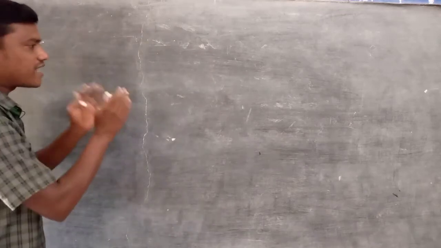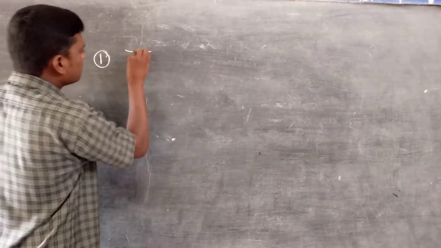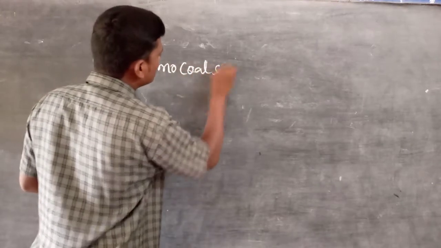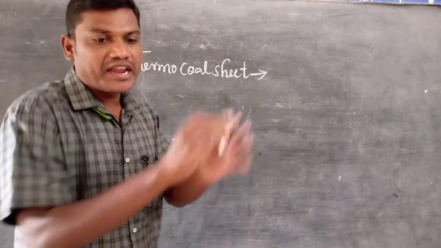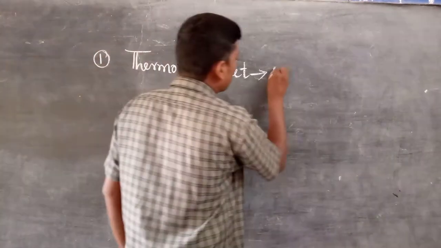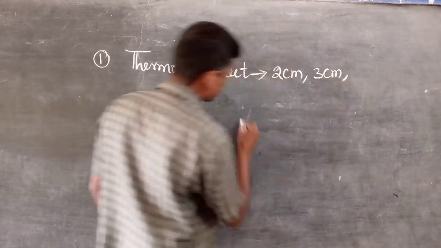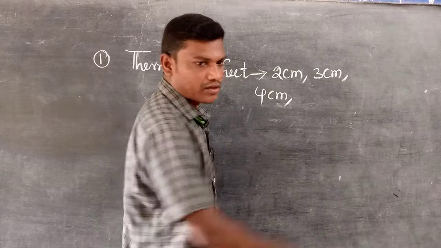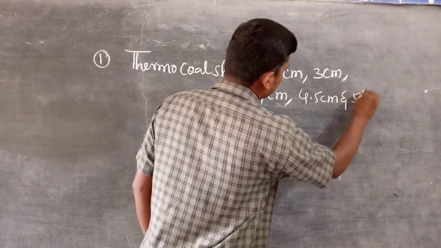First of all, we take a thermocol sheet, as given there. This thermocol sheet you cut into different radii, for example 2 cm, 3 cm, 4 cm, 4.5 cm and 5 cm, like this.